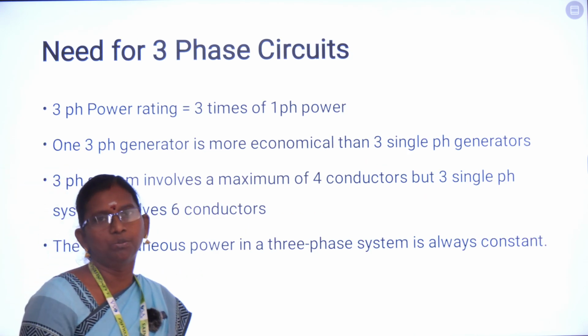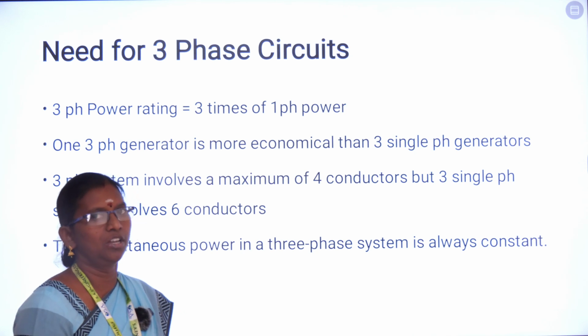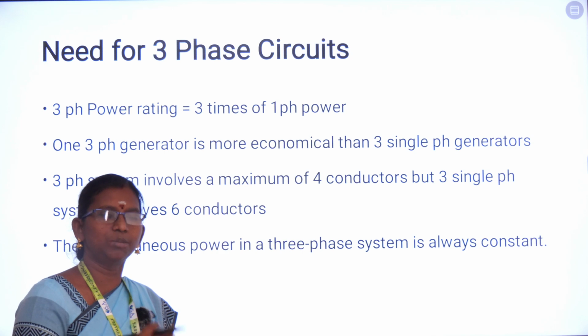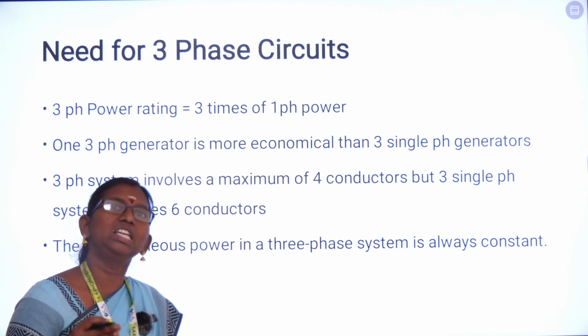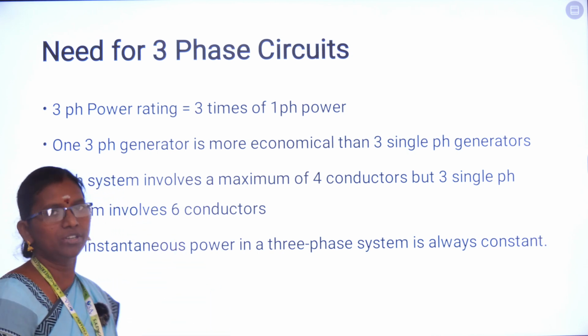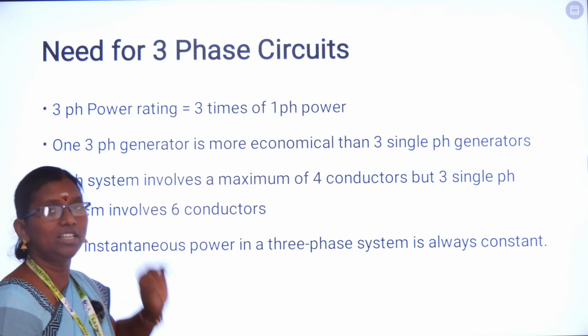We need to know the need for a three-phase circuit. Basically, we can equate a single three-phase system with 3 single-phase systems. When we compare those two, we have a lot of advantages in going with a three-phase circuit.